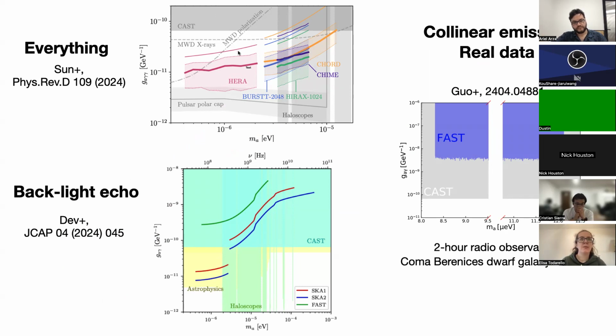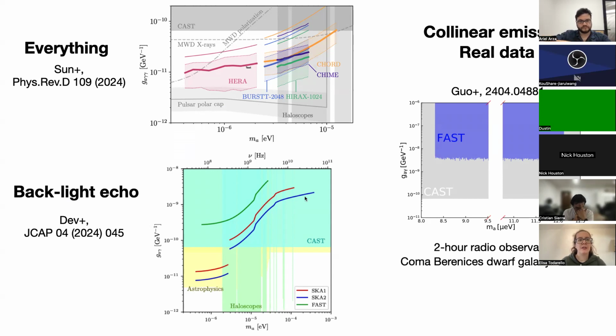So all possible sources here, with some telescopes that survey the whole sky. So we have the synchrotron radiation from our galaxy, extragalactic point sources, and the supernova remnants.